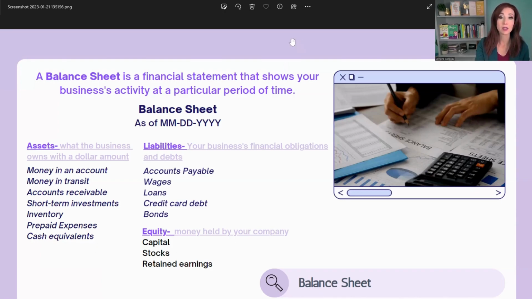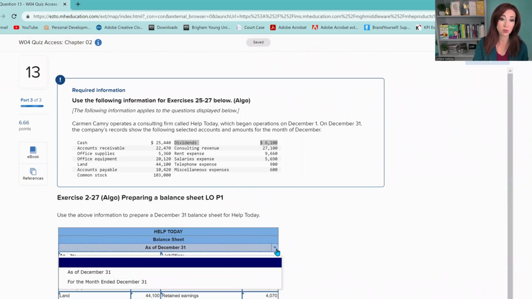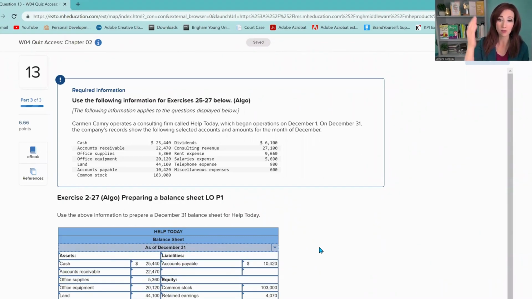All right, let's go to the actual problem here. Switch my screen here. And here we have our balance sheet. So the very first thing that you're going to notice is different here is you're not going to put as of the month of December. You're going to put as of the day of December 31st. First, you have your assets, and they're nicely listed up here pretty much in order from cash.